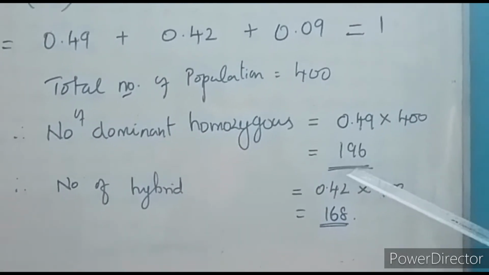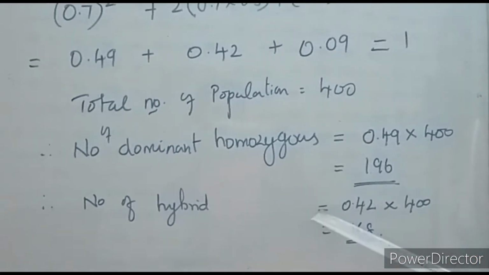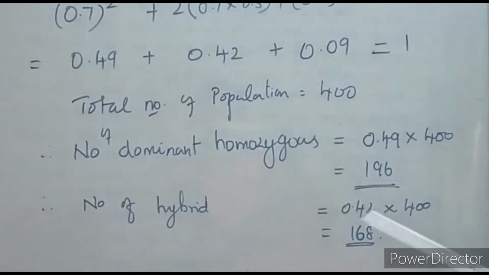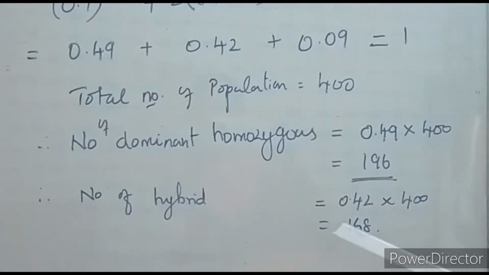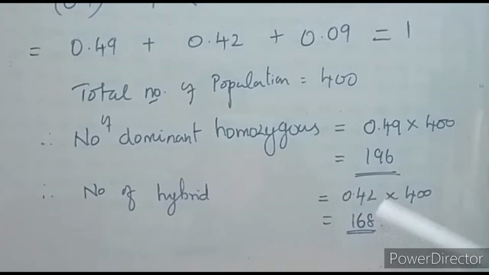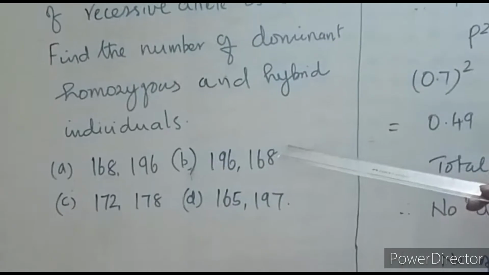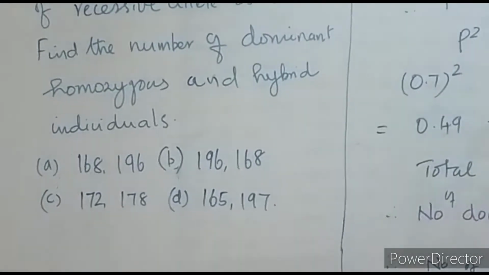Number of hybrid individuals equals 0.42 × 400, that equals 168 individuals. So the correct option should be the second one, 196 and 168.